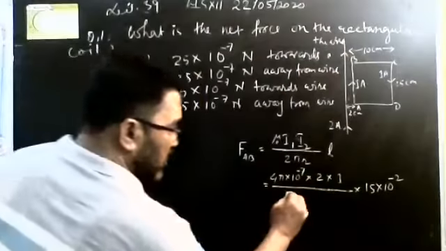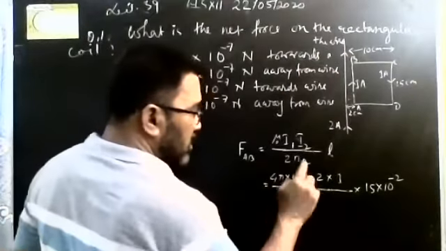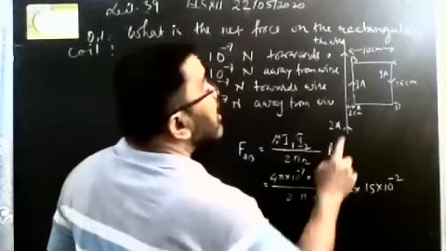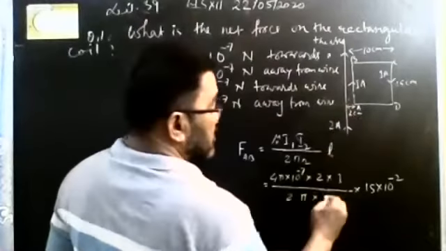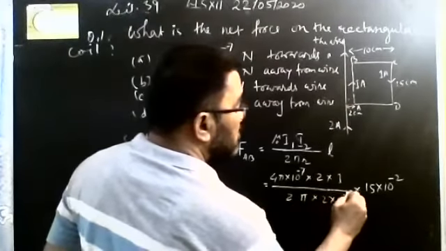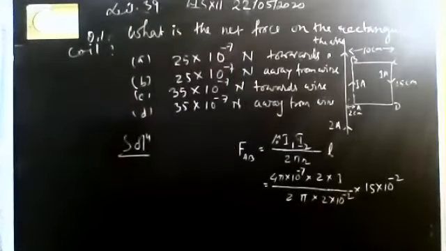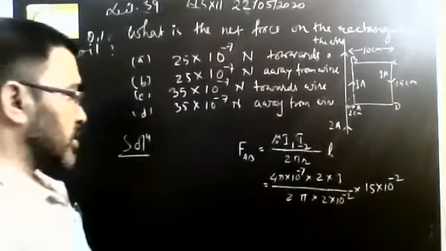Now twice pi R. What is R? R is this distance, 2 centimeter, that is 2 into 10 to the power minus 2. Okay, so you have to calculate the value.